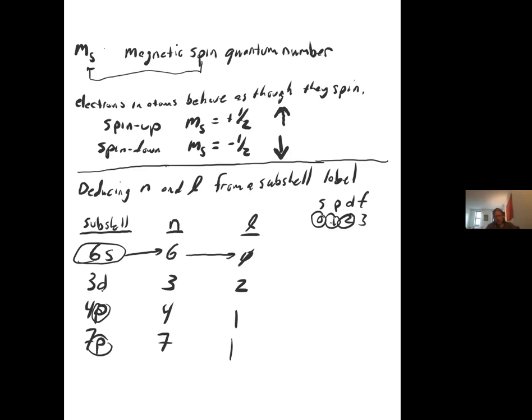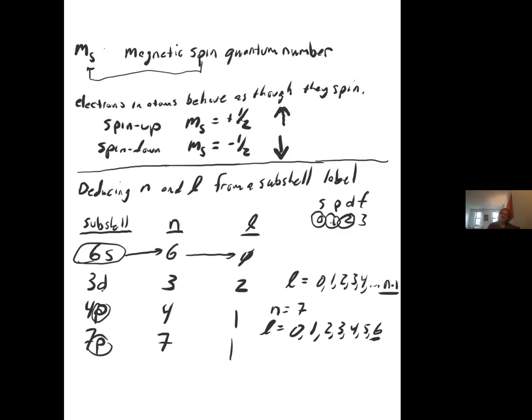The reason it's not n minus 1 is that it's a series. When we say that l equals 0, 1, 2, 3, 4, all the way up to n minus 1, we're not claiming it is n minus 1. We're claiming it could be anything up to n minus 1. So if n is 7, that means l could be either 0 or 1 or 2 or 3 or 4 or 5 or 6.